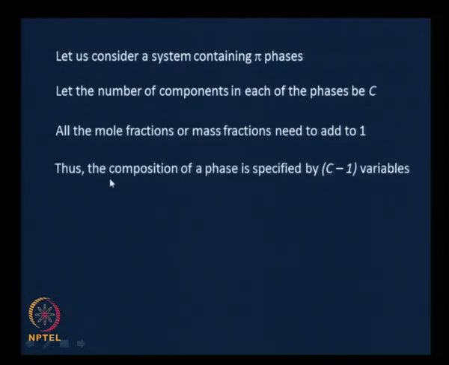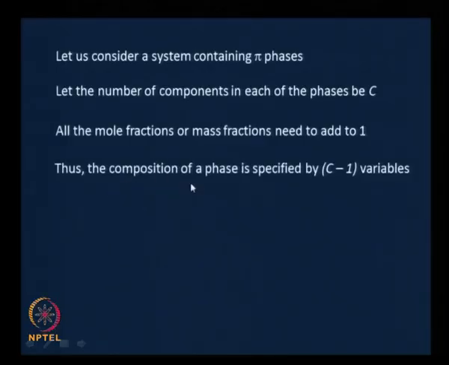Therefore, the composition of the phase is specified by C minus 1 variables. Suppose there are 5 components, we need to know the concentrations of 4 components, and the last component we can always get by adding the mole fractions of these 5 and equating it to 1. Therefore, if we have 4, we can always find the 5th one. Therefore, the composition of a phase is specified by C minus 1 variables.